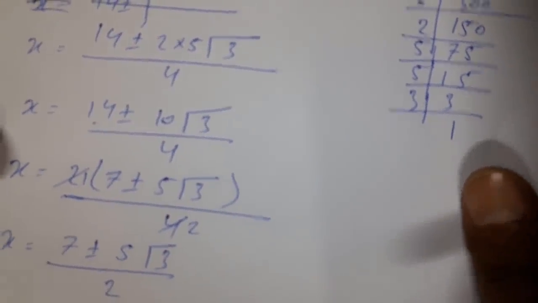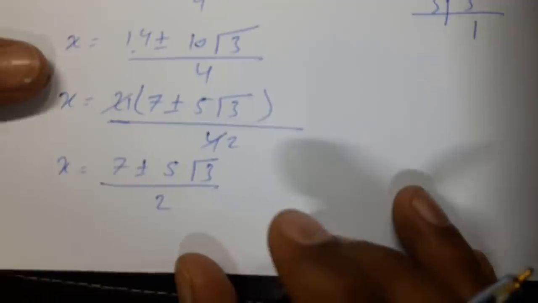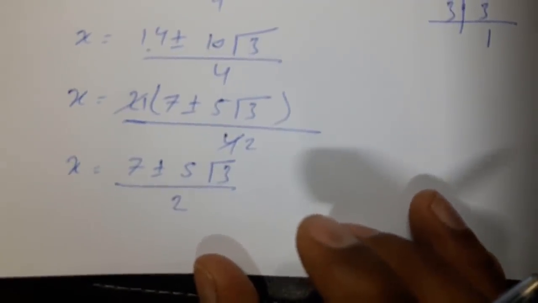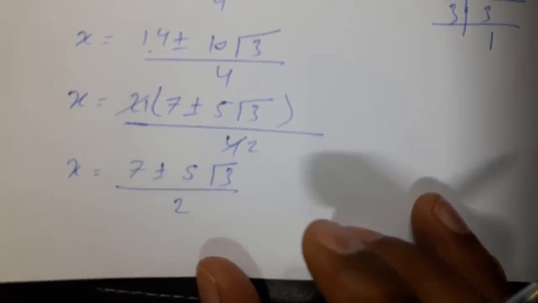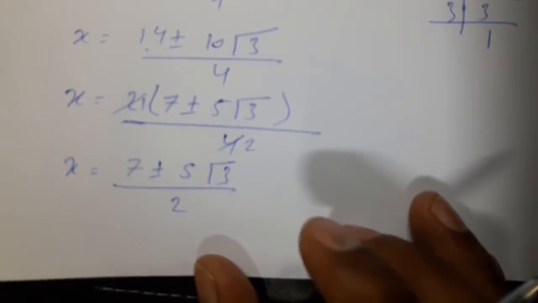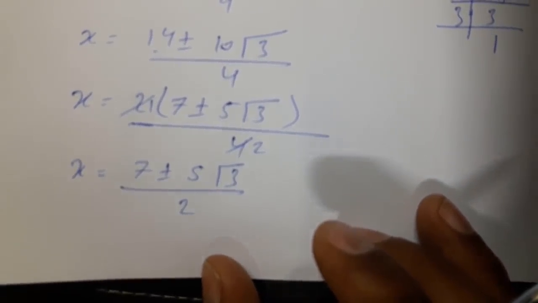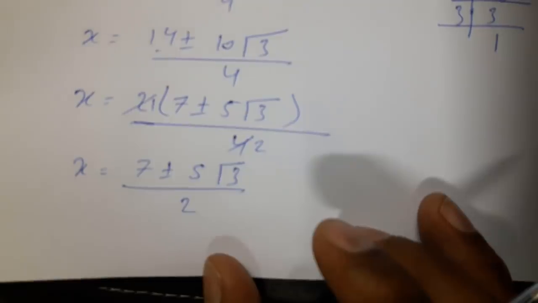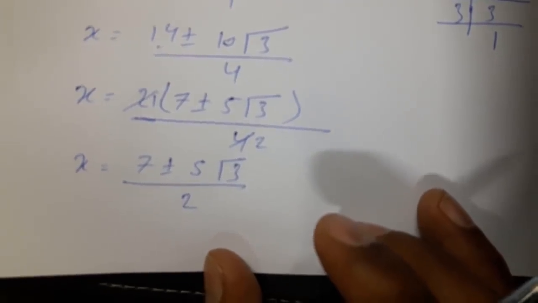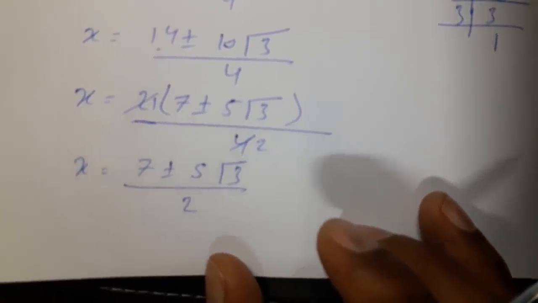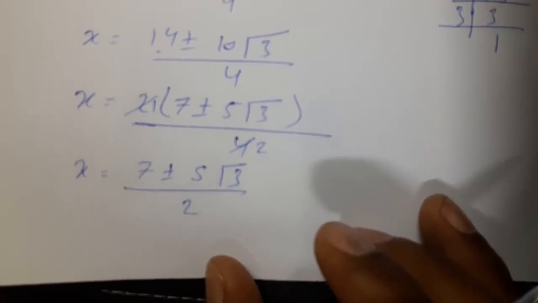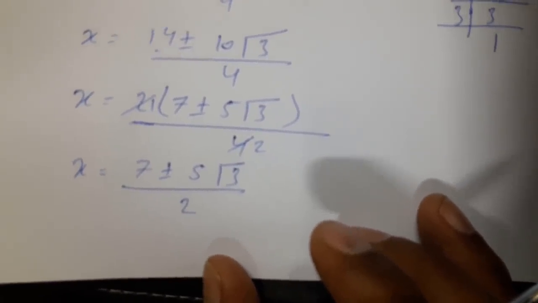So now you are able to learn the quadratic formula, for the question which is not solvable by the multiplication method or by the completing square method. So this is the way you can factorize the question by quadratic formula.